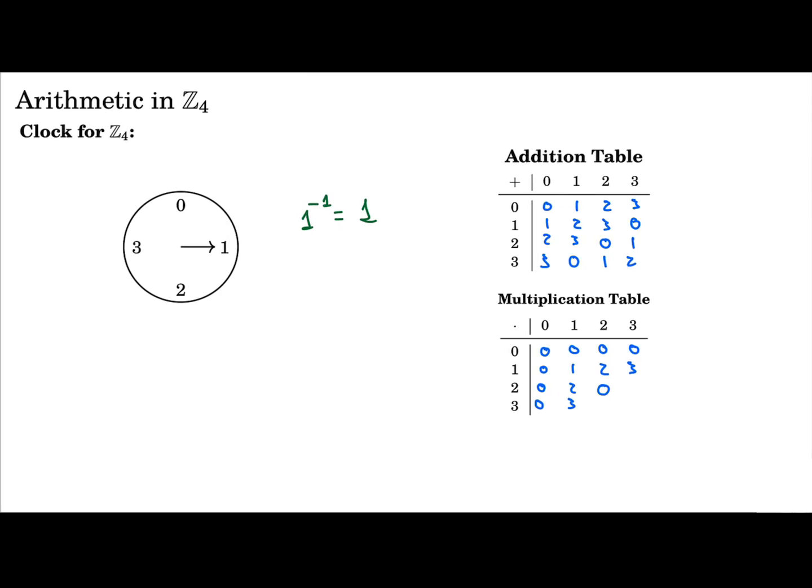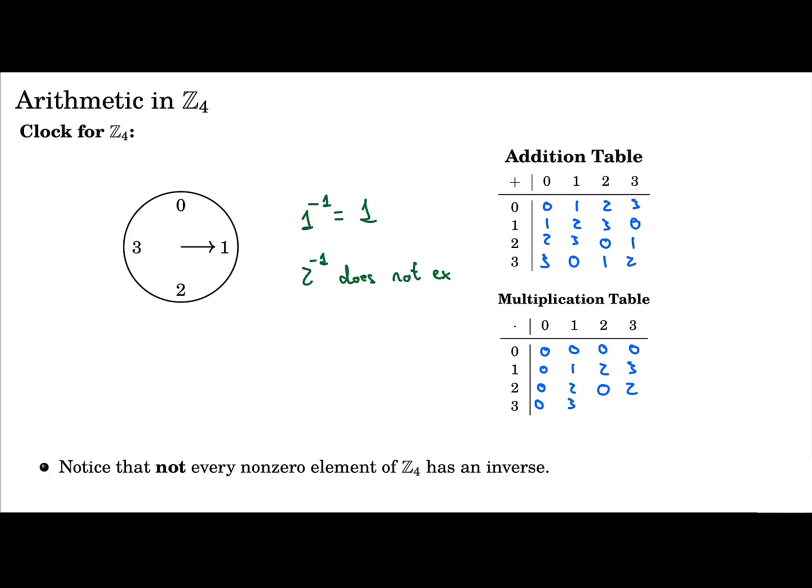So that actually means that there is no inverse for 2. So the inverse of 2 here does not exist. This means that if we say, solve the equation 2x congruent to 1 mod 4, this has no solutions.